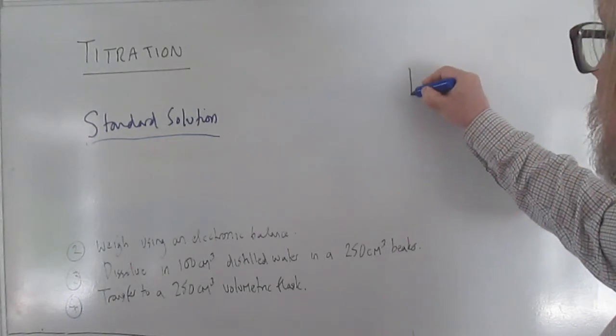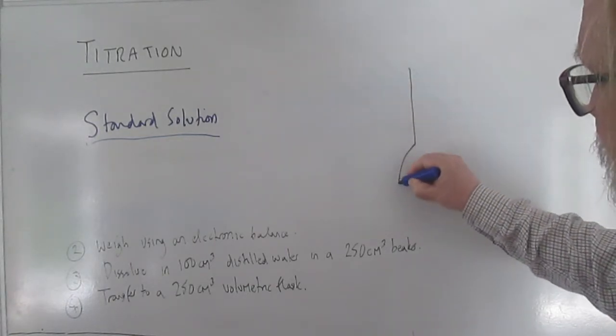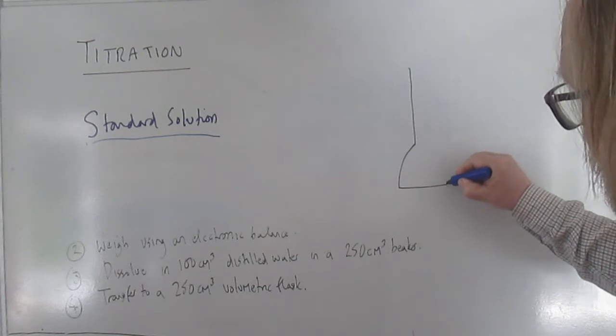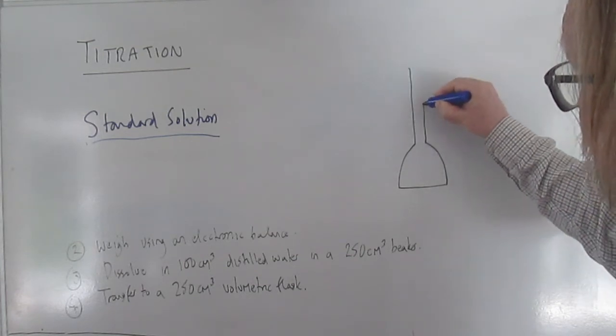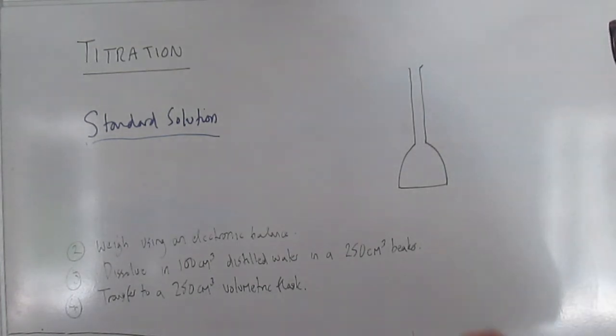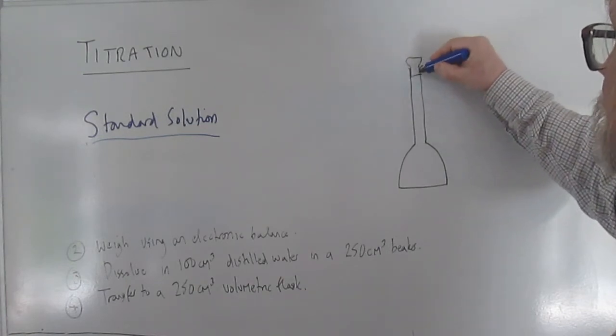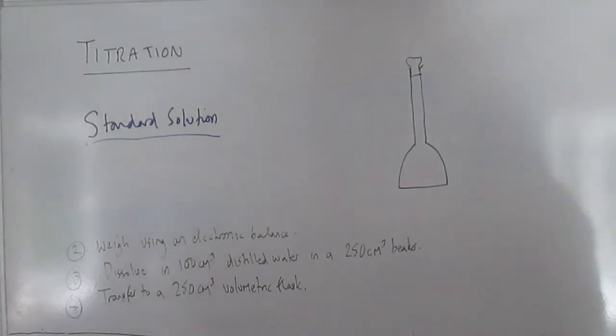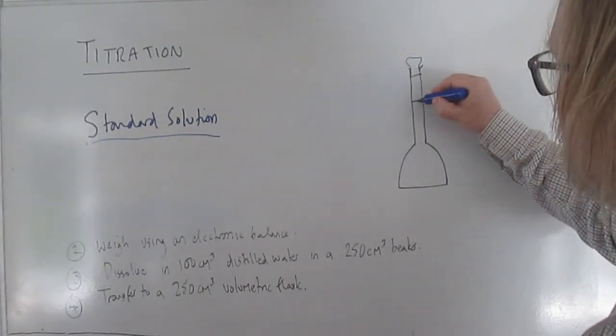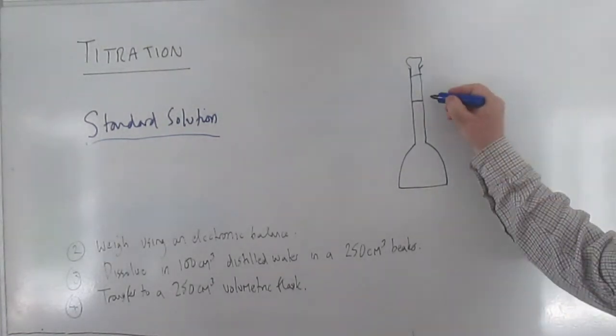What it looks like is that it has a long stem and then a sort of bulb at the bottom with a flat base. It looks like that sort of shape, and it has a stopper that can go in the top. And crucially, what it has is a graduation line on there.